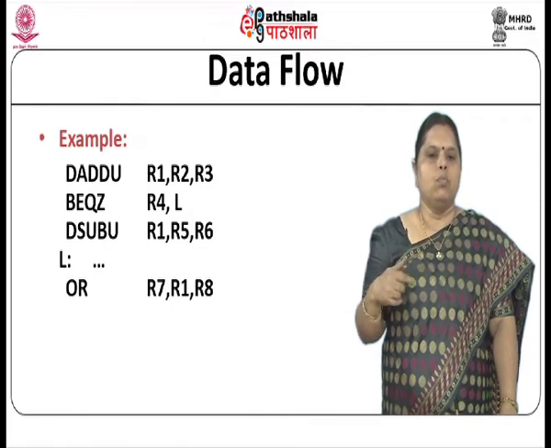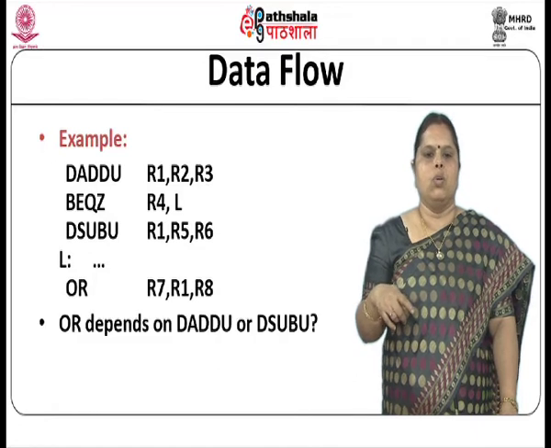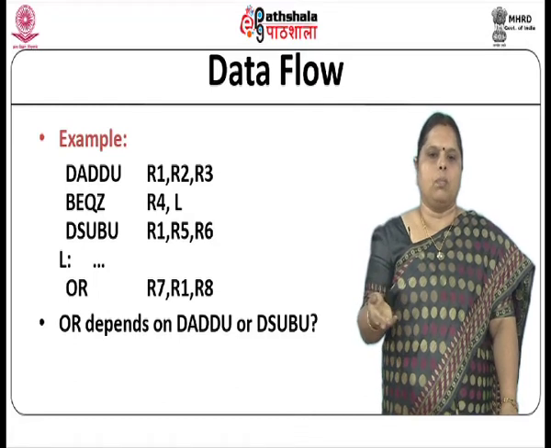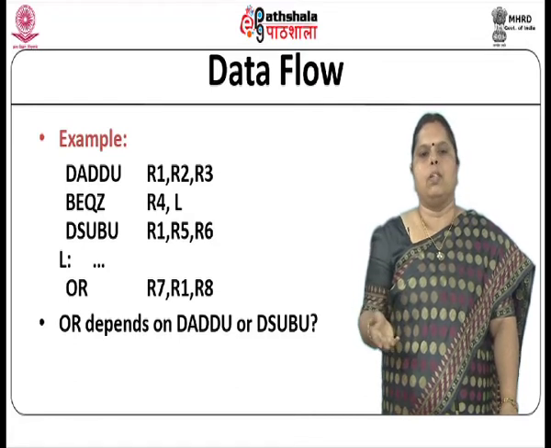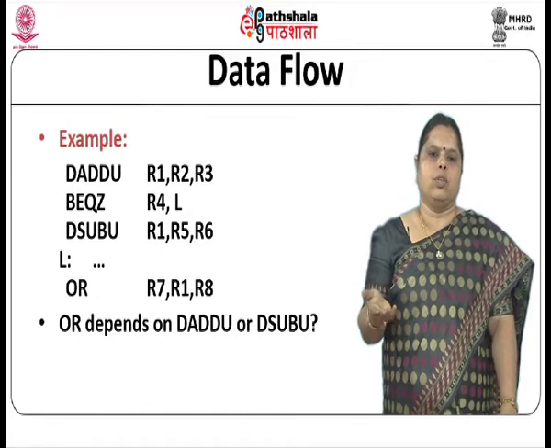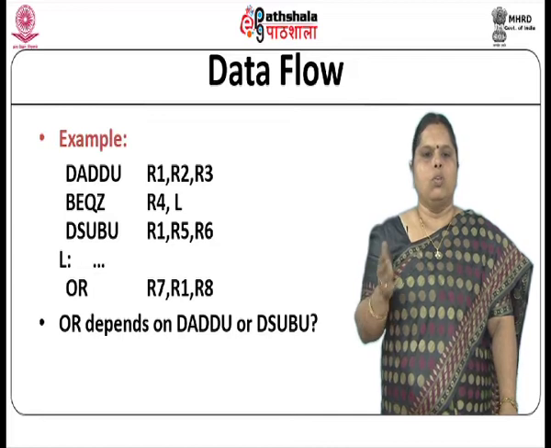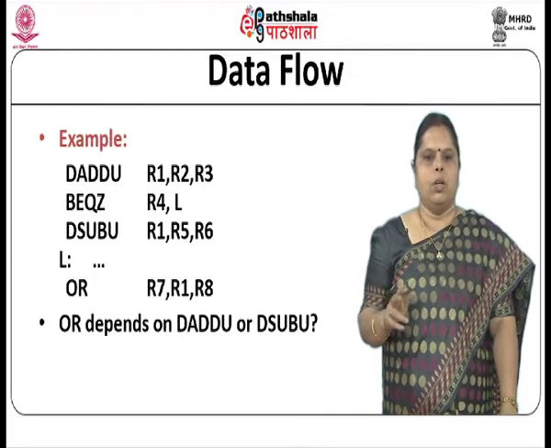So, you can't move these instructions in such a way that the data flow gets affected. You will have to decide whether OR is going to depend on the ADD instruction or on the SUB instruction. That depends upon the branch instruction getting executed and the branch condition evaluating to true or not. So, this data flow has to be preserved.